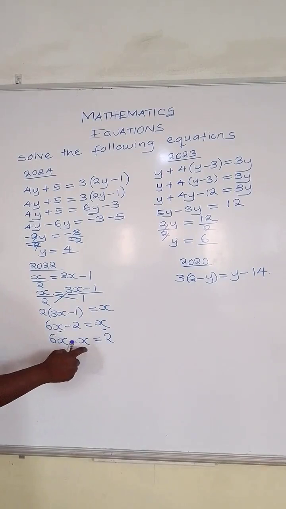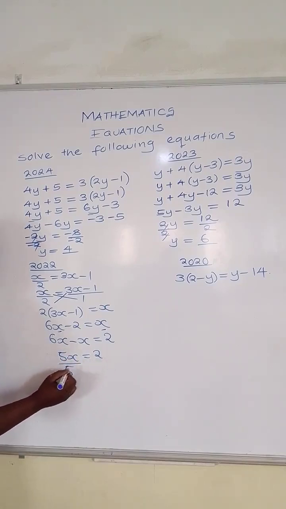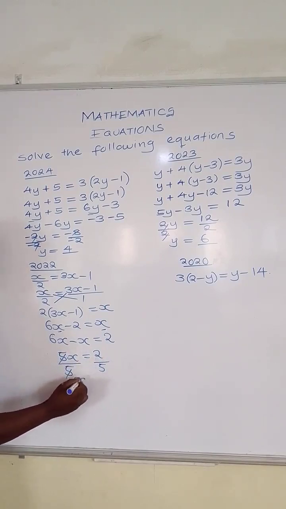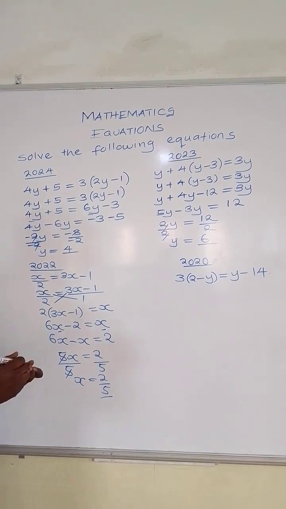Okay, so you can simplify this and say 6x minus x, you get 5x is equal to positive 2. So for us to remain with x, just divide both sides by 5. So over 5 over 5. So these are going to go, we're going to remain with x is equal to 2 over 5. Okay, so let's look at this other one, which is 2020.